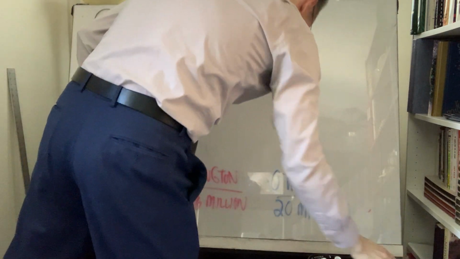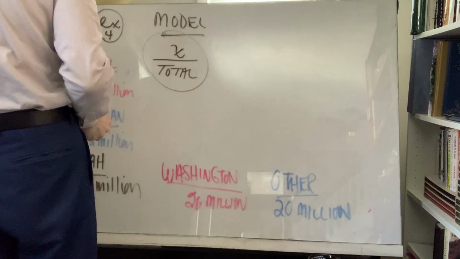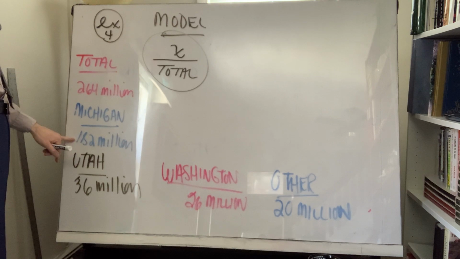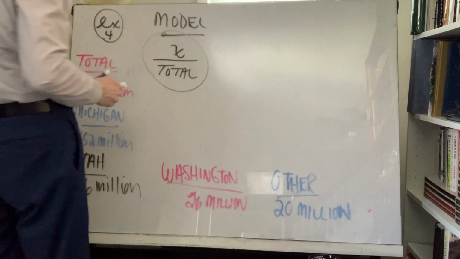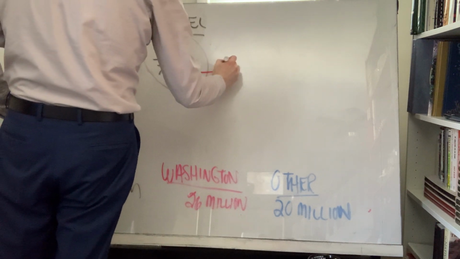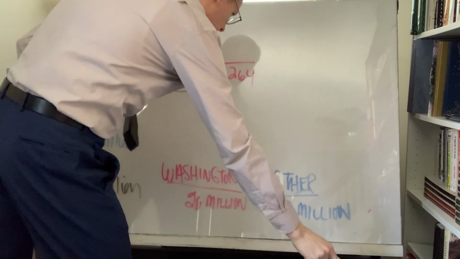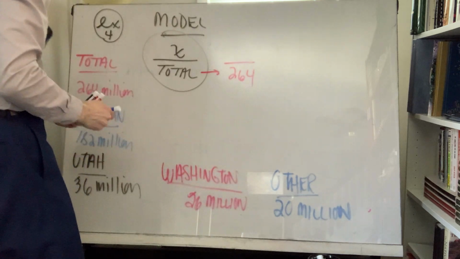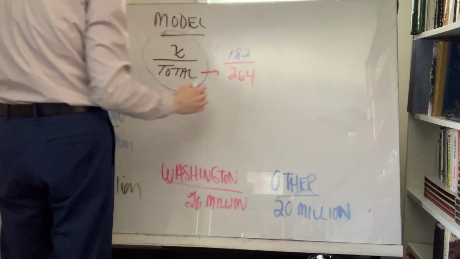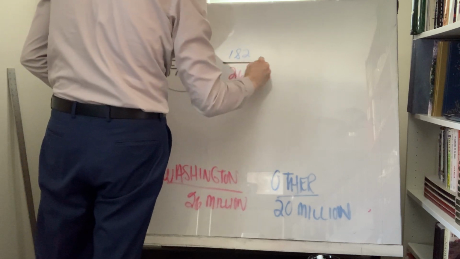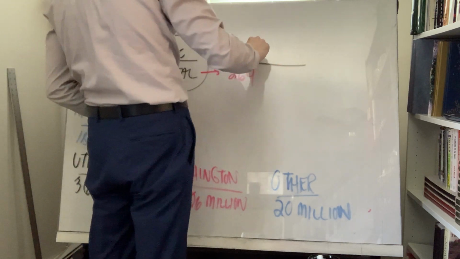So in this first instance, for Michigan, out of the total, it would be 182 out of 264. Again, you don't have to bother putting the zeros. It isn't wrong if you do that. But look at it this way.